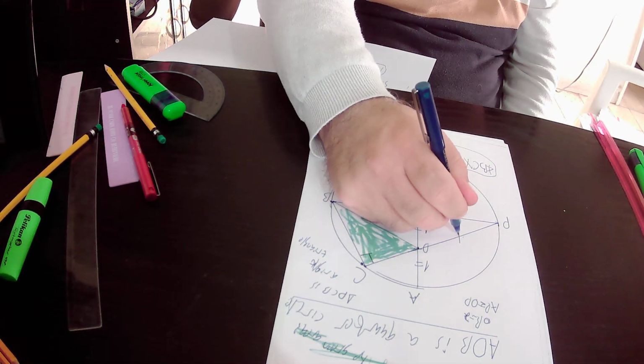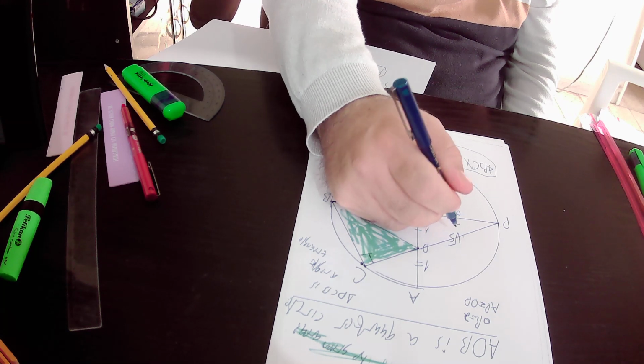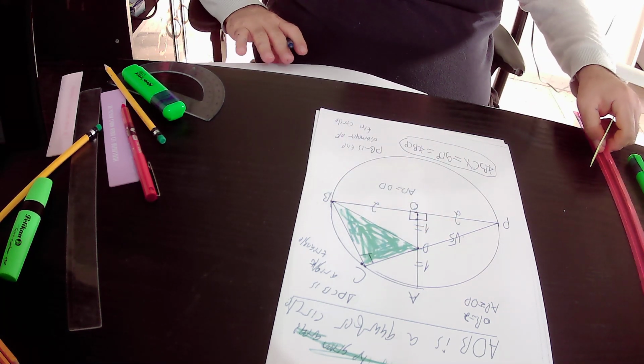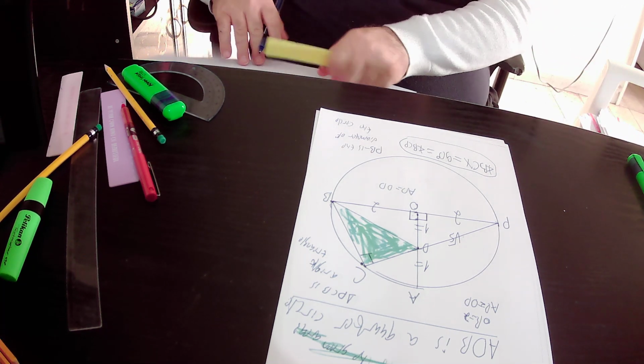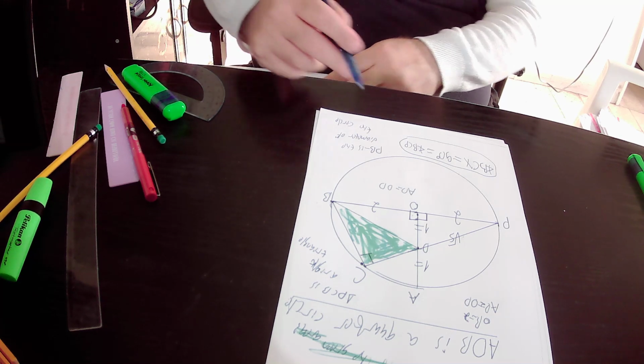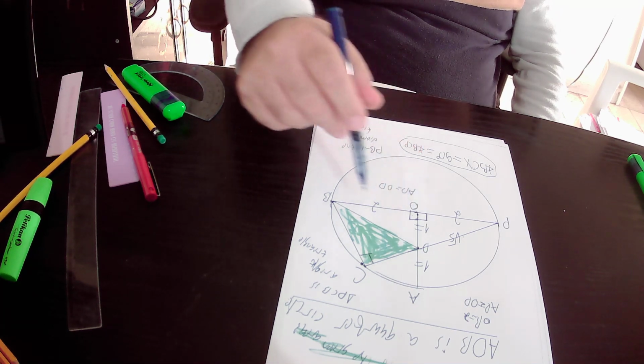So we can write here that PD equals the square root of 5 units. In the next step, we'll implement the Pythagoras theorem on the right triangle DBO.